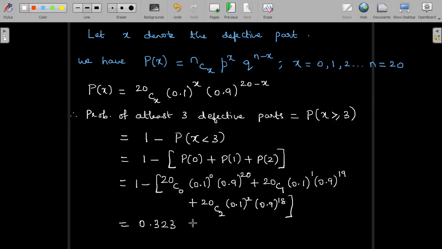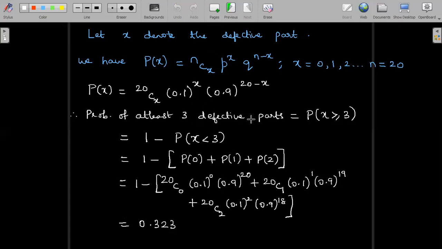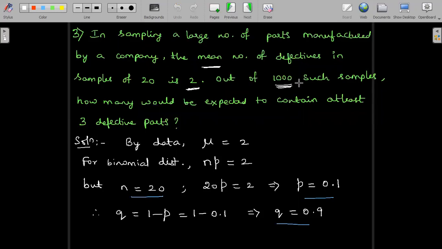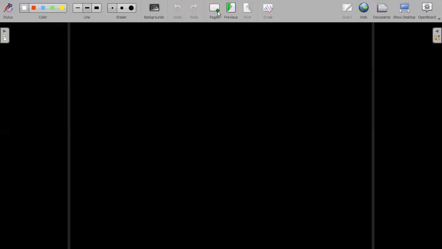And of course, that's not the end of the solution for us. We are not just finding the probability of getting at least 3 defective parts. We have to find this in 1000 such samples. So in order to do that, we multiply the answer by 1000.